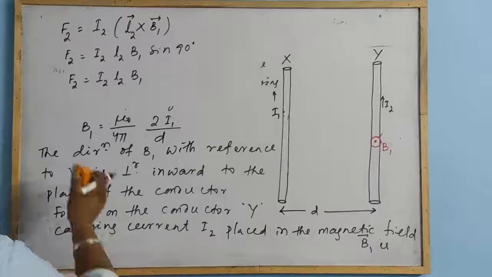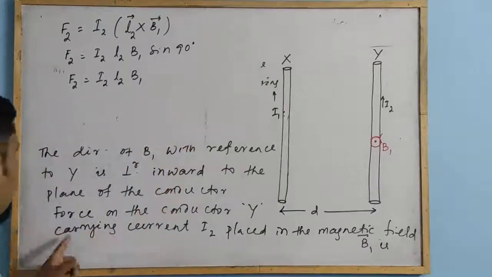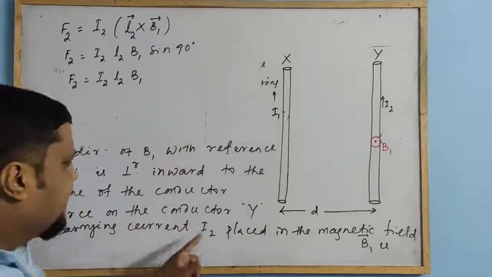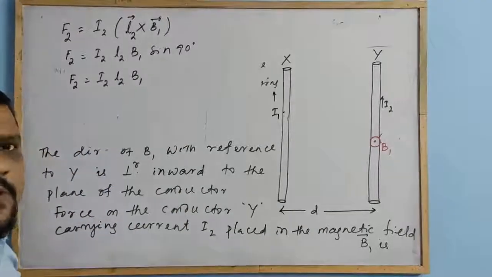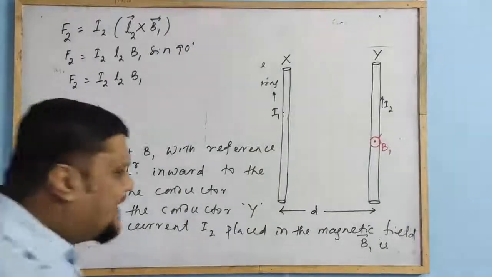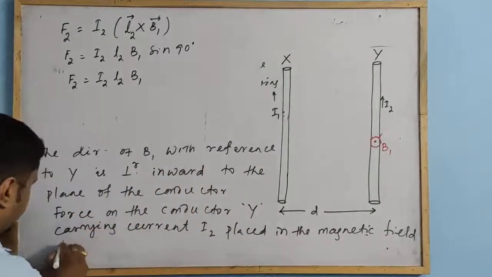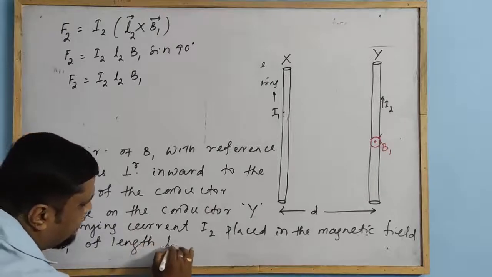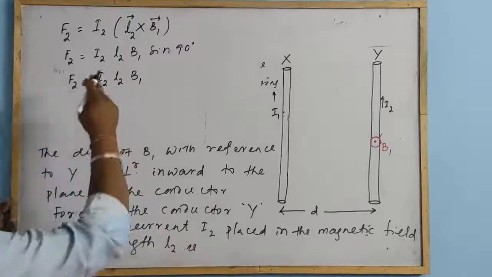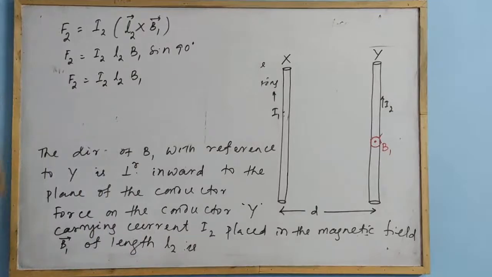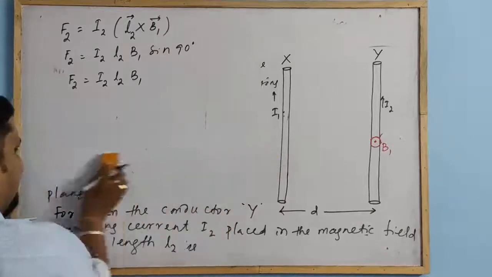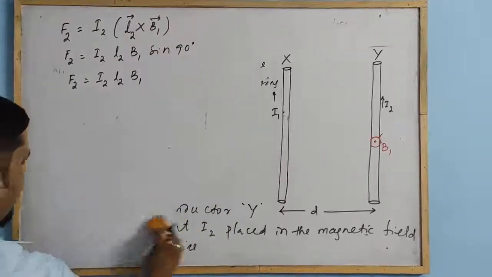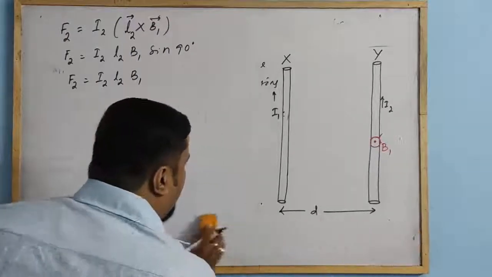Right? So this is the force on the conductor Y carrying current I2 placed in the magnetic field B1, of length L2. Clear? So now in this case, because this is an infinite conductor, let me find the force per unit length.